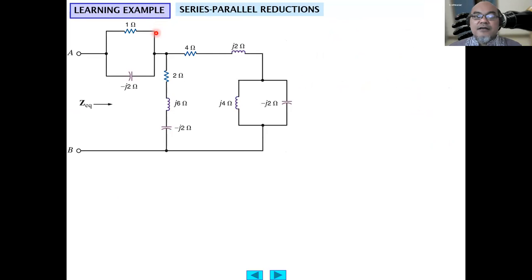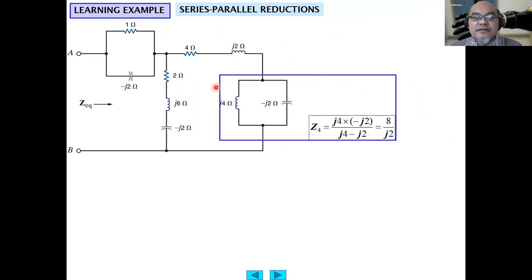Here is now an example of reducing a complex network by using series and parallel reduction. First we can simplify this, finding the new impedance by using the parallel impedance formulation: J4 times minus J2 divided by J4 minus J2, and we obtain 8 over J2.